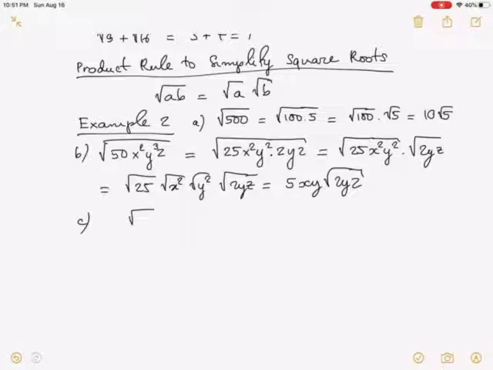Say we have the square root of 3 times the square root of 12. This is the same as the square root of 3 times 12, the square root of 36. So this is 6 squared. So it is 6.